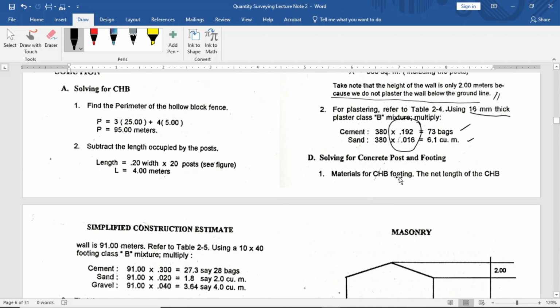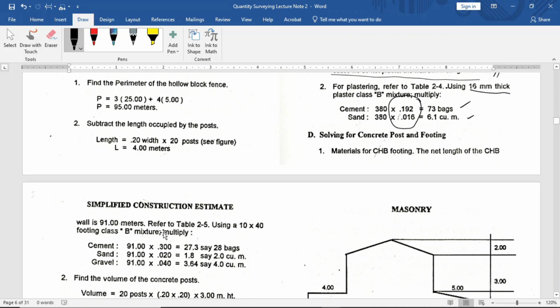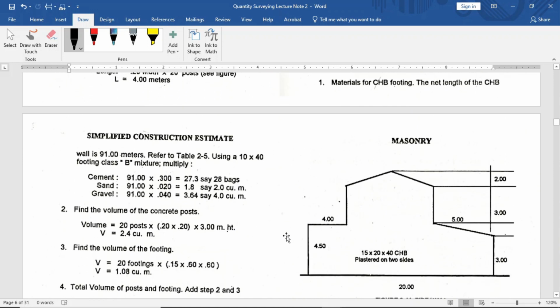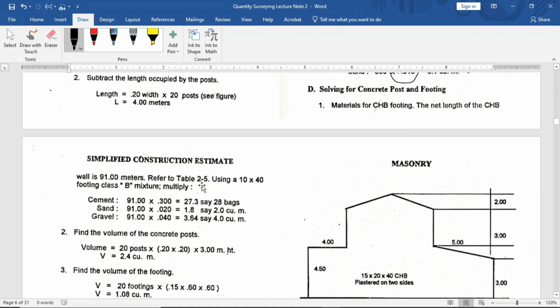So, materials for CHB footing, the net length of the CHB is 91 meters. Refer to table 2-5. So, using a 10 by 40 footing. So, ito yung footing natin, 10 by 40 wall footing. So, table 2-5, ito yon.